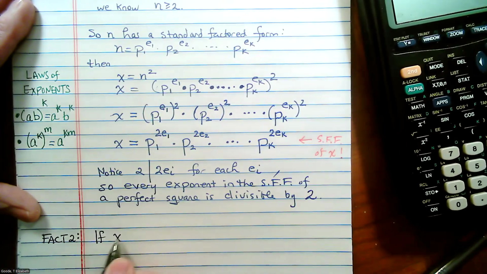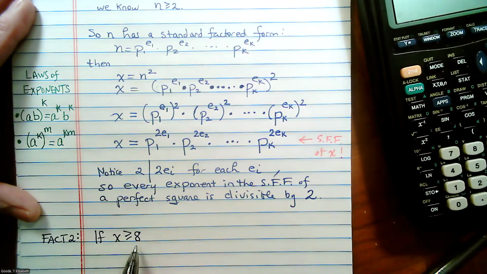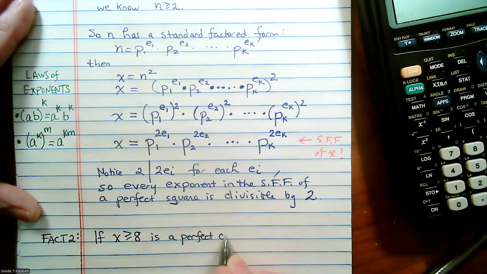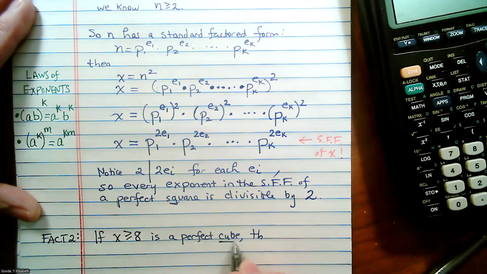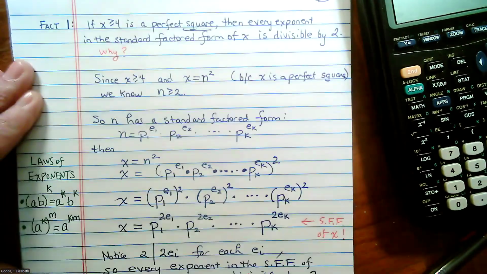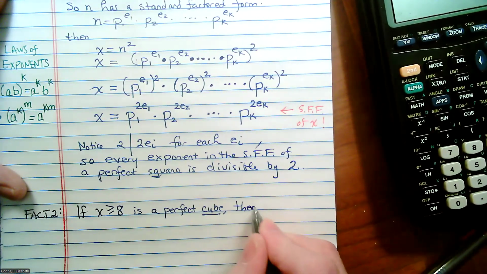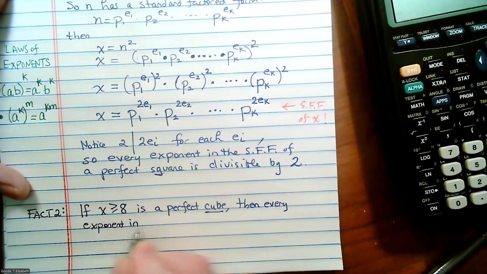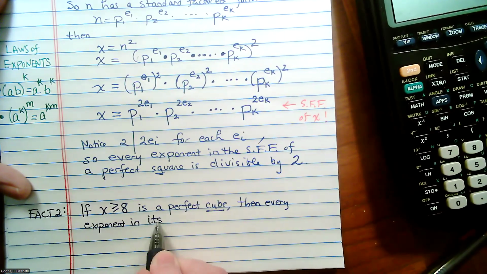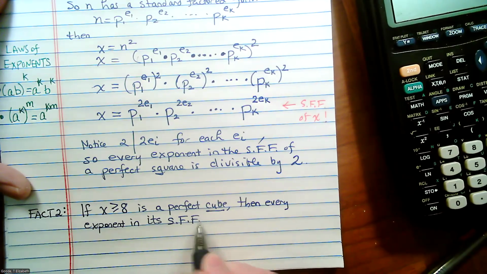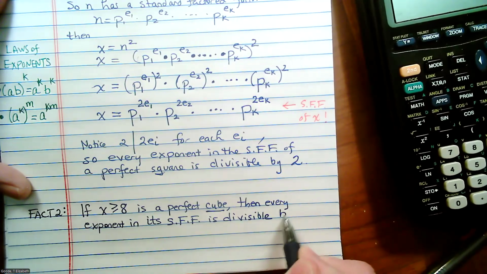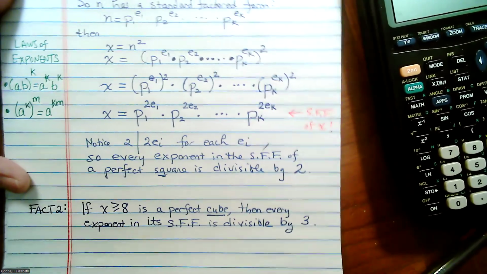So if x is greater than or equal to 8, it's got to be at least 8, so its cube root is big enough, its cube root is 2 or bigger, and x is a perfect cube instead of a perfect square, then every exponent in its standard factored form is divisible by 3. I've said it a little bit differently, but it's perfectly right.